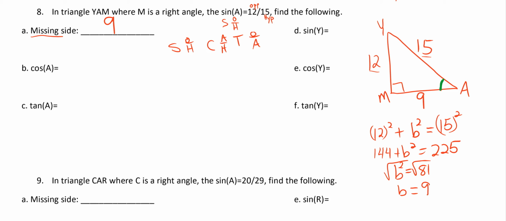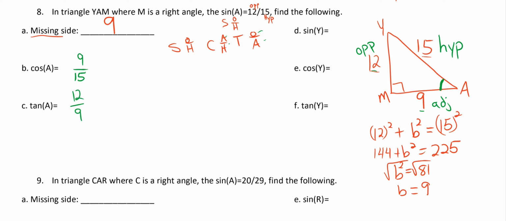So angle A here, 12 is opposite, 9 that we got from Pythagorean theorem is the adjacent, and 15 is the hypotenuse. So cosine, adjacent over hypotenuse, so we're going to say 9 over 15. If we want to, we can reduce that, but we'll reduce all these answers later. Tangent of A, same thing. Tangent we know is opposite over adjacent, so it's going to be 12 over 9.